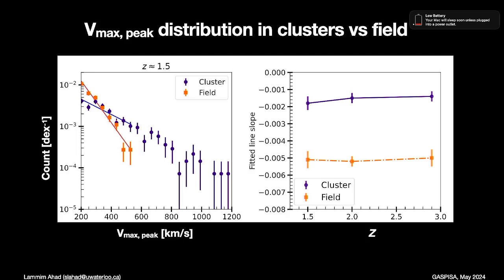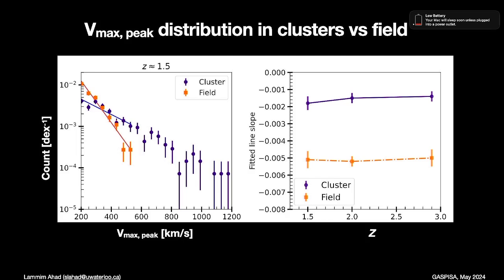So, of course, for clusters, we see there are really high Vmax peak values, but these we know are the central giant galaxies. These are the BCGs in these clusters, and we expect them to have really high Vmax peak value or really high halo masses. So that is not very interesting for our purpose, but what we care about is this range where the Vmax peak values are comparable between field and cluster halos.